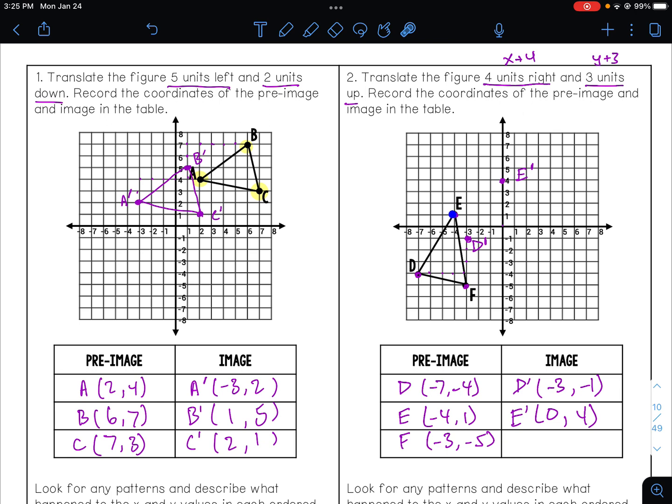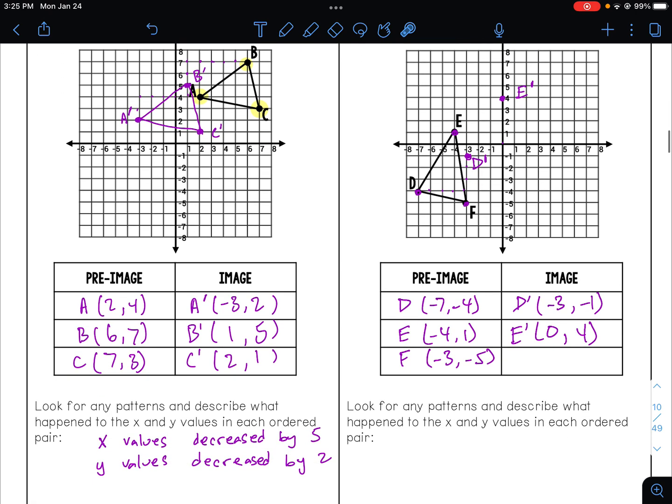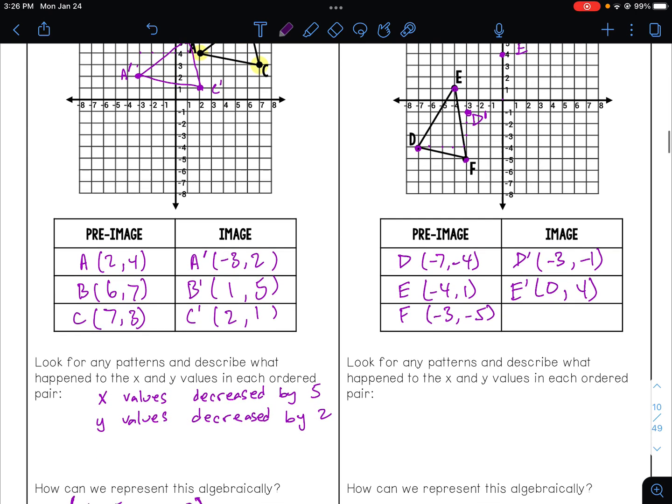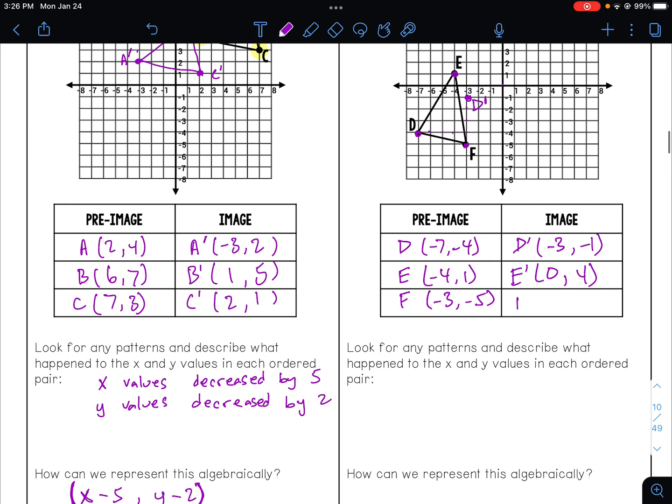So 0 and 4, and I'm saying that's going to be E prime. Let's see if that's true. If I take E, if I go 4 units to the right, 1, 2, 3, 4, and 3 units up, 1, 2, 3, yeah, that's it. It's exactly where I said it would be. So let's try that with F. -3 plus 4, well, isn't that going to be +1? And -5 plus 3, it's going to be -2, right?